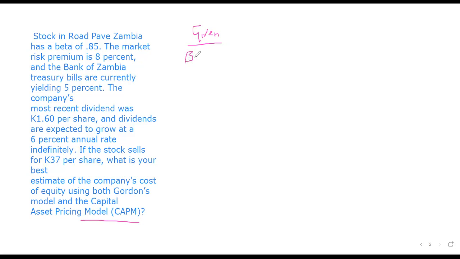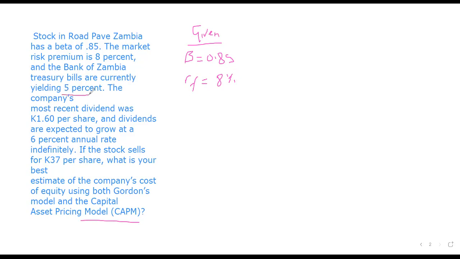We've been given the beta, 0.85. Risk premium, 8%. Current yield of 5%.